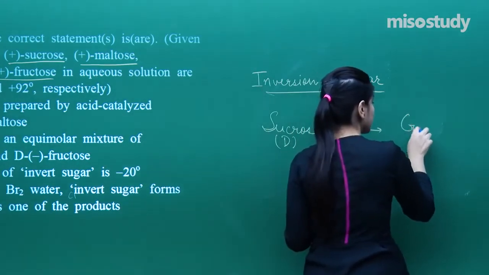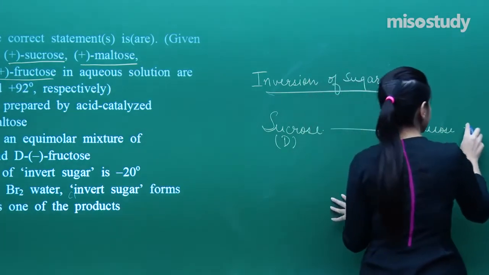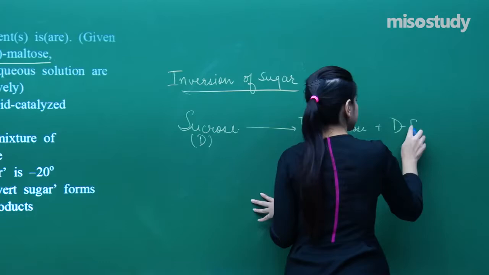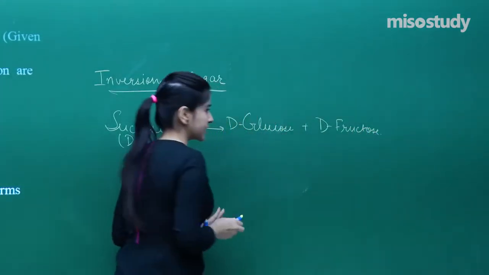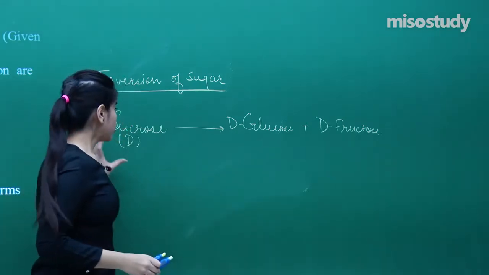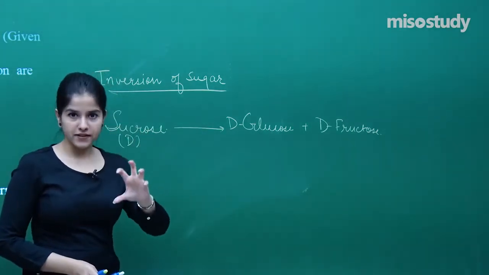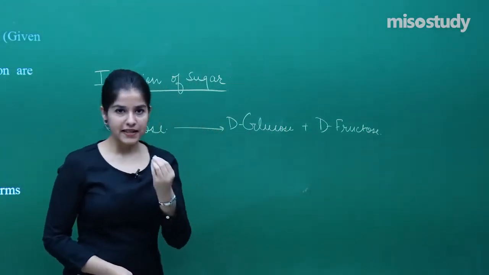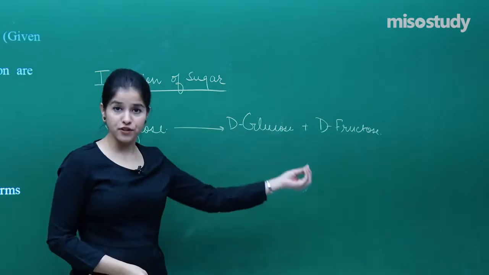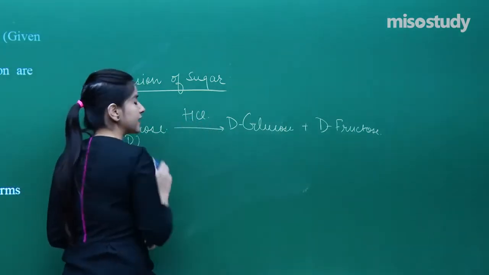We get D-glucose and D-fructose. That is what we get, and the total specific rotation that was initially taken is plus, and the total specific rotation for the mixture that we get after the acid hydrolysis via HCl.